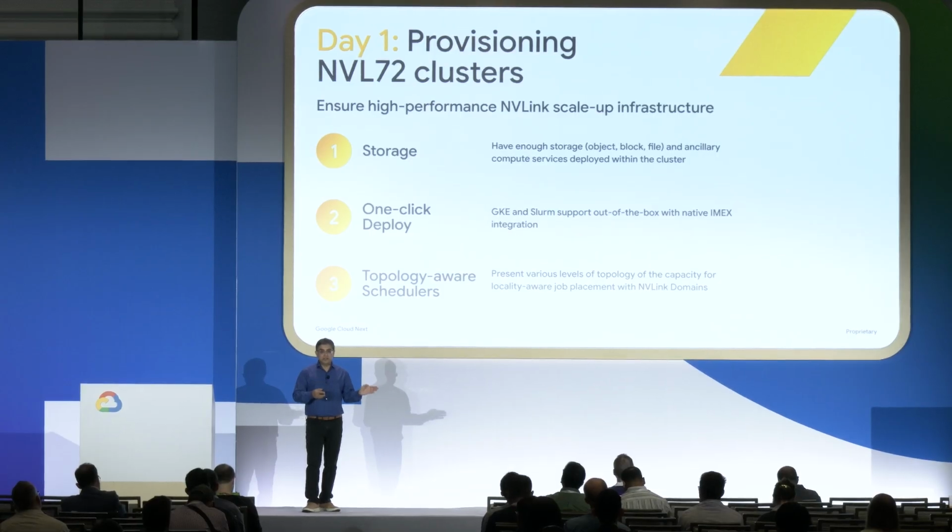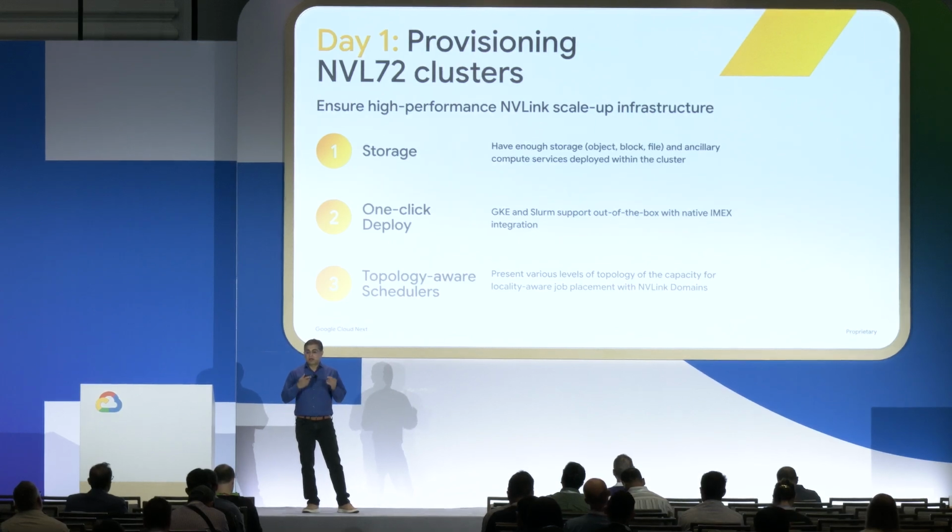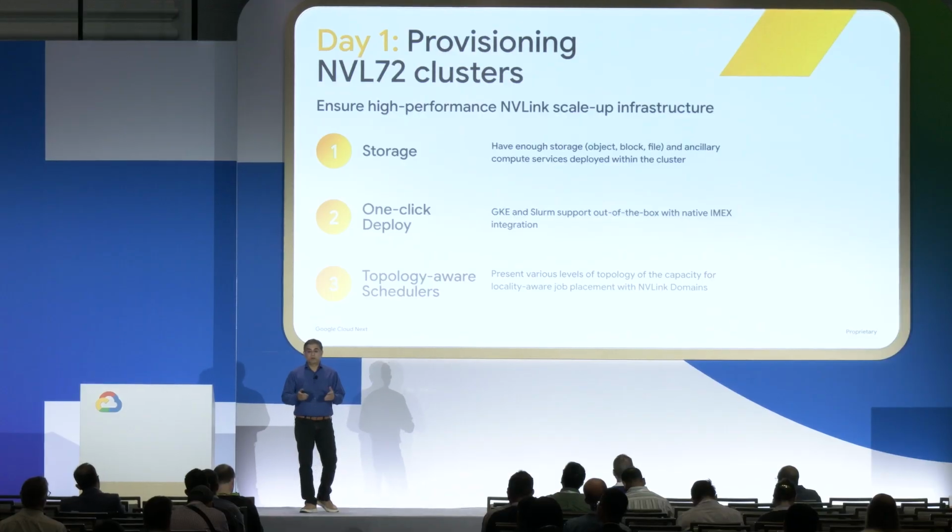Now, once you have the capacity, how do you provision some of these clusters? One is that we want to make sure that you have access to the other key components of your system. So high performance storage options, whether it's GCS Rapid that we talked about, or managed clusters, are integrated within the clusters. We offer one-click deploy with out-of-box support for the most popular orchestrators, whether it's GKE or Slurm.